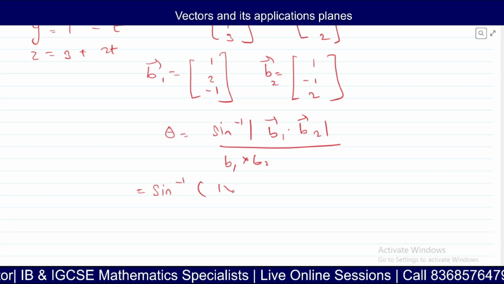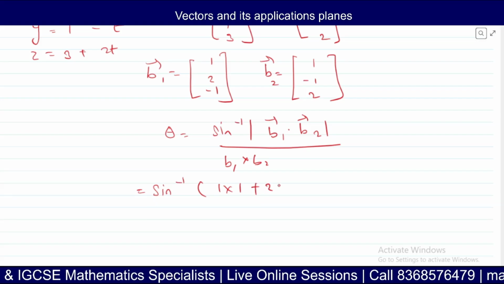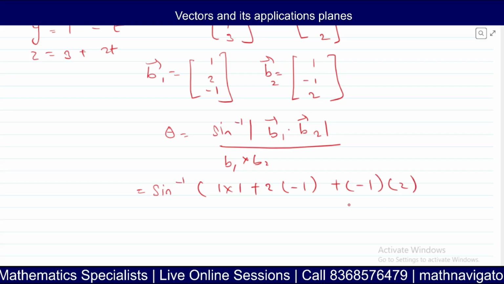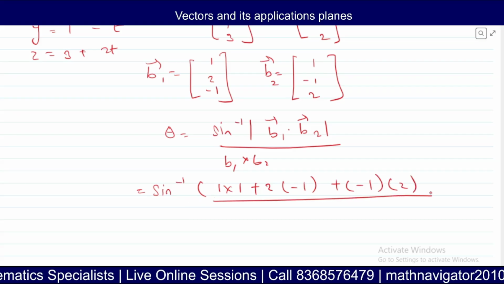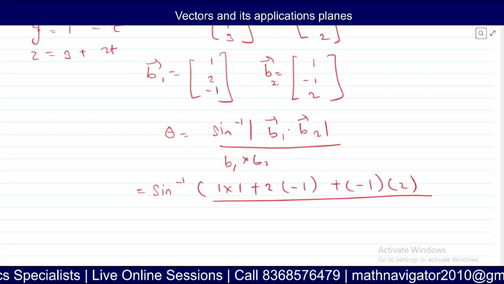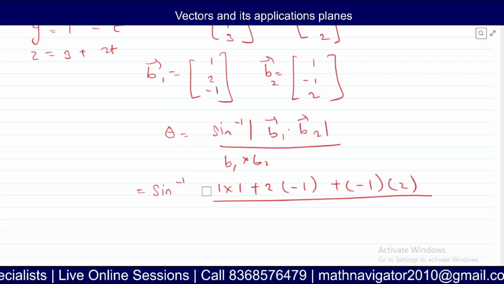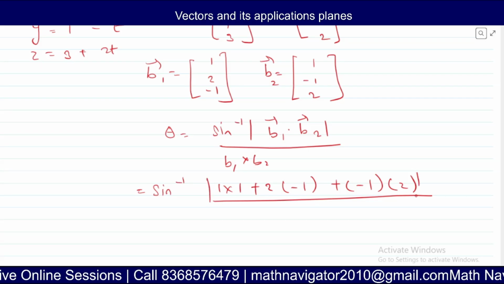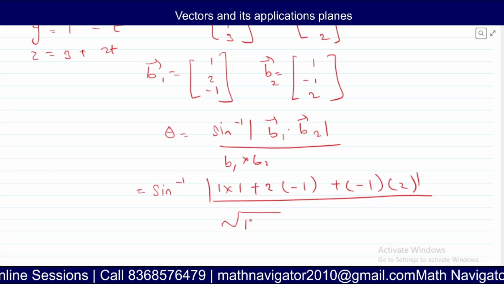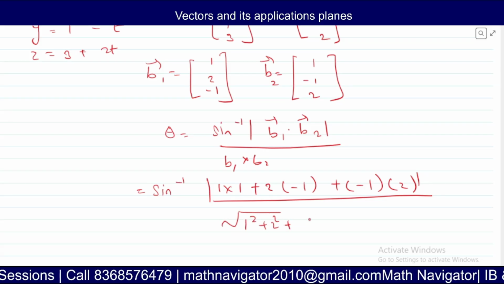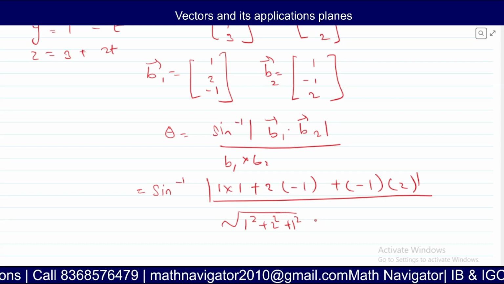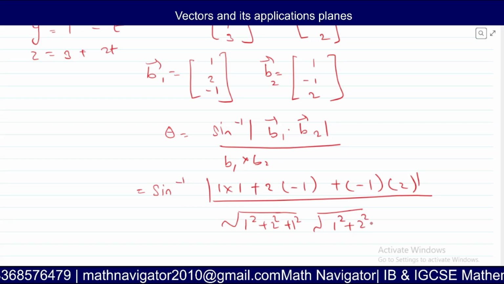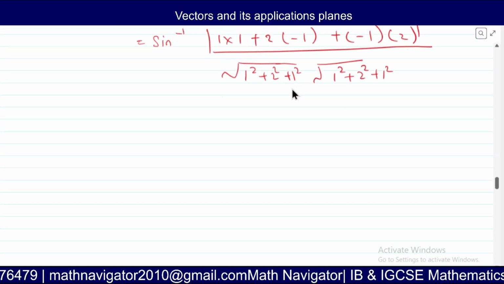b1 is 1 times 1 plus 2 times -1 plus -1 times ..., divided by under root of 1 squared plus 2 squared plus 1 squared, times under root of 1 squared plus 2 squared plus 1 squared, right?